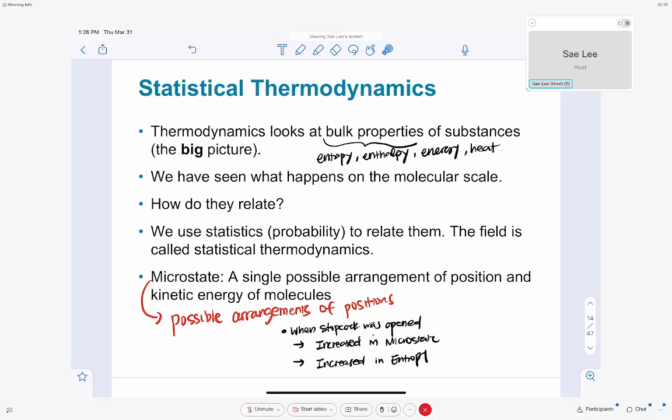How can we increase the microstates? How can we increase the possible arrangements of positions, the number of arrangements for molecules? We can either increase temperature, or increase the number of molecules or the volume. These factors will increase the number of possible arrangements, or the microstates of a system, and then eventually increase the entropy.